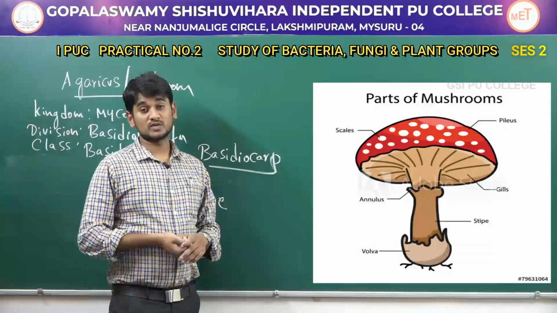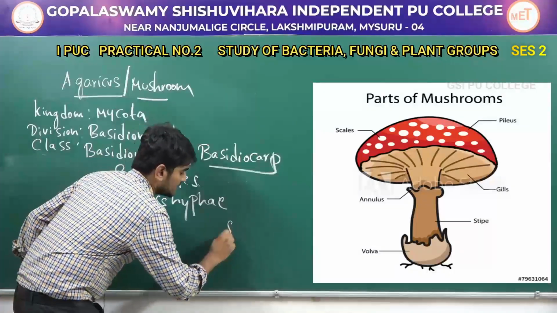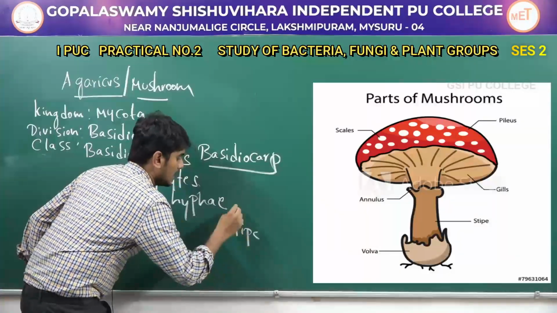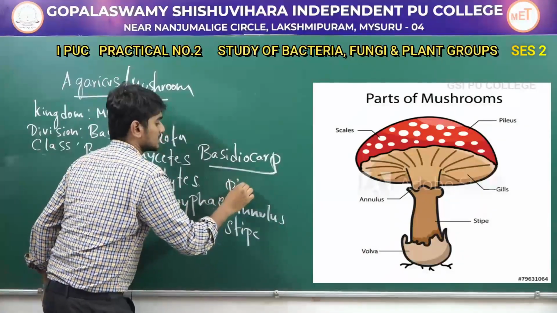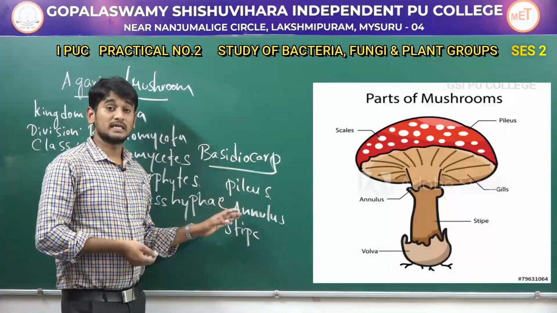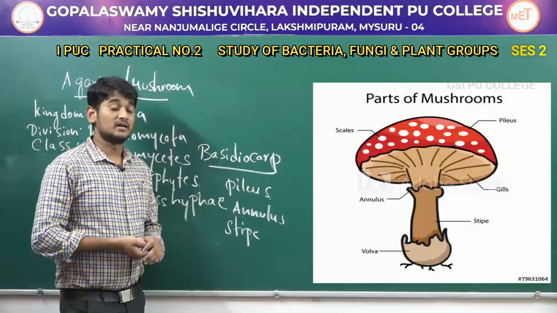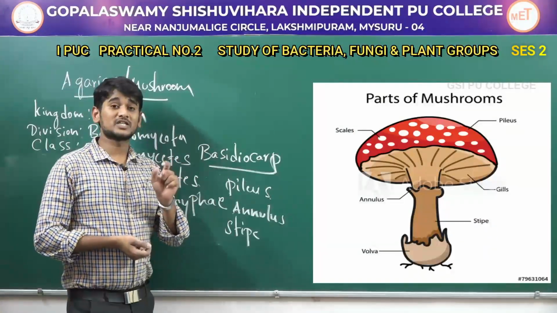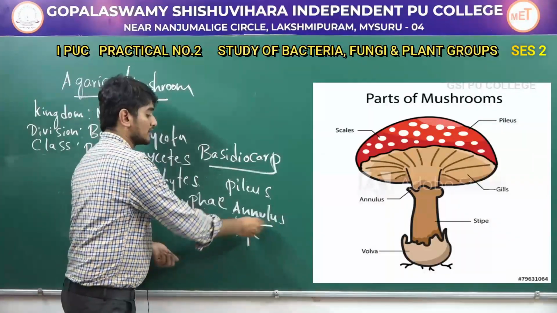The basidiocarp shows three parts: stipe, annulus and pileus. The matured basidiocarp shows a stipe, also called stalk, and a ring-like structure found on the stipe or stalk that is called annulus.